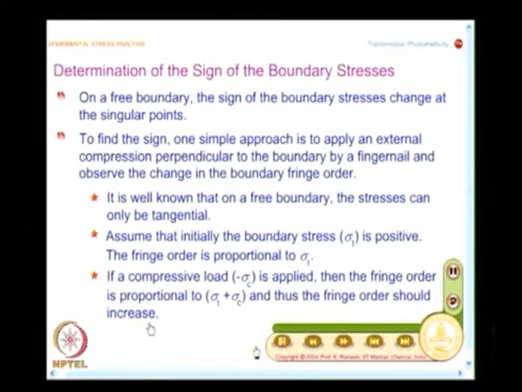So, what we are looking at is, if the boundary stress was positive, a compression by a fingernail on the surface would result in increasing the fringe order at the point of interest. So, if the fringe order increases by a compression, you will say the boundary stress was positive. On the other hand, if the fringe order decreases, the boundary stress is negative.